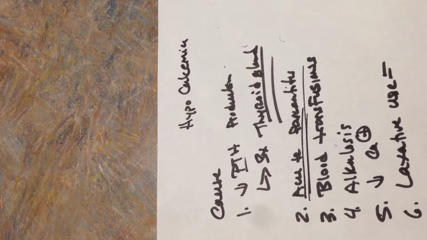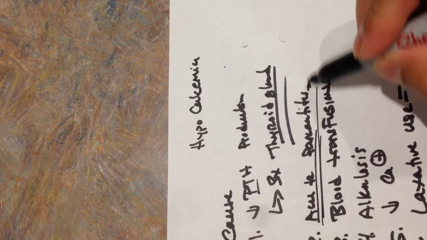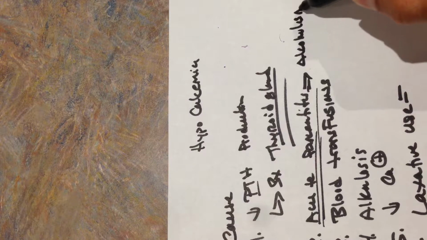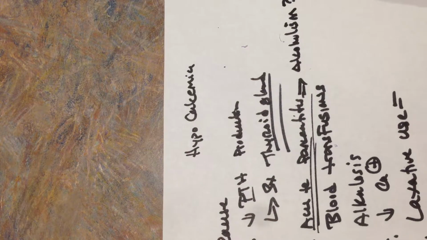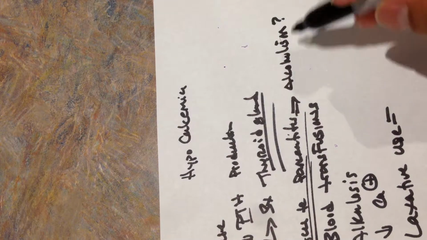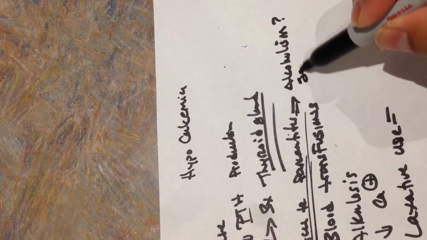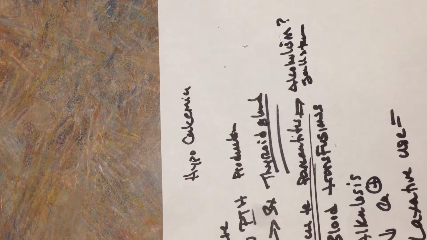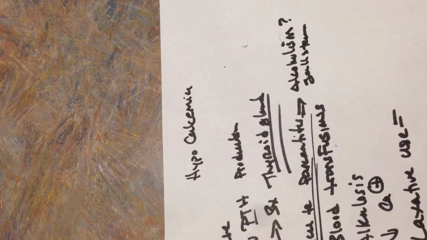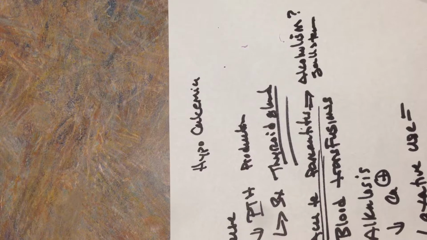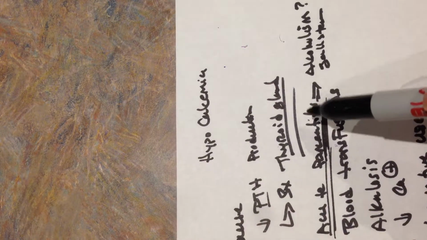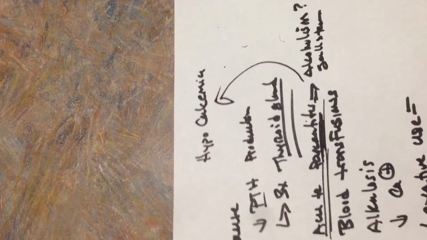If you have somebody with pancreatitis, either due to alcoholism or some other reason, or something like a gallstone causing an occlusion of the common bile duct, then you would end up with pancreatitis. So again, in that patient, you would want to make sure that you check the calcium levels.